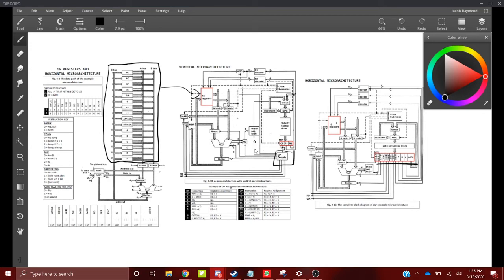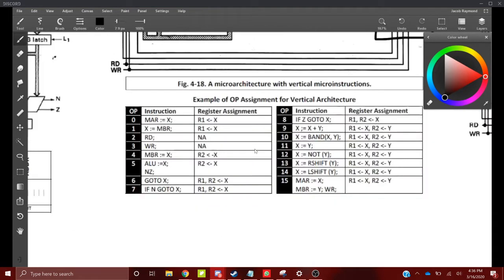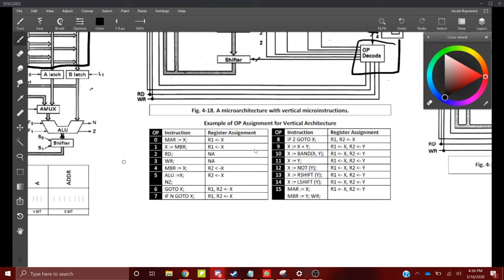And so if I take a look at this table just a little bit closer, basically all the vertical is telling you is that these are the operations you're allowed to perform and you're not allowed to do anything else. So this is what I was talking about when the actual architecture doesn't matter, because these tables here have fully specified exactly everything that you could possibly do on the vertical microarchitecture.